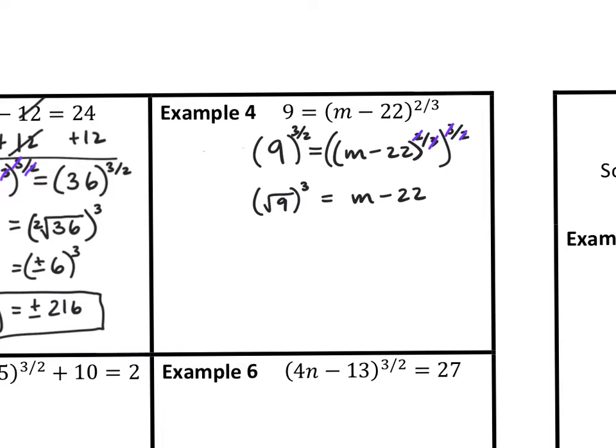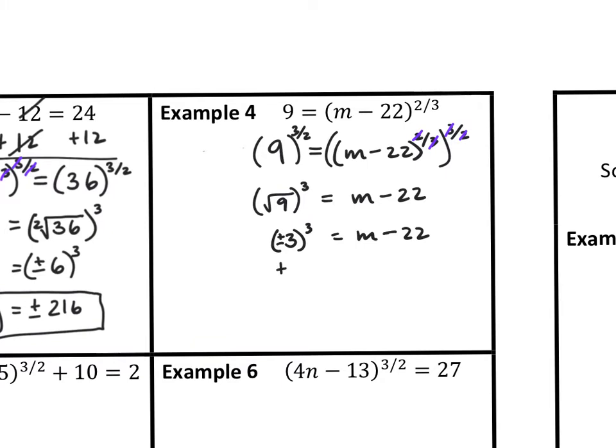Okay, so before we add the 22, we got to simplify this part. So what's the square root of 9? That's 3. And what's 3 times 3? Oh, sorry. Square root of 9 is plus and minus 3. What's 3 times 3 times 3?